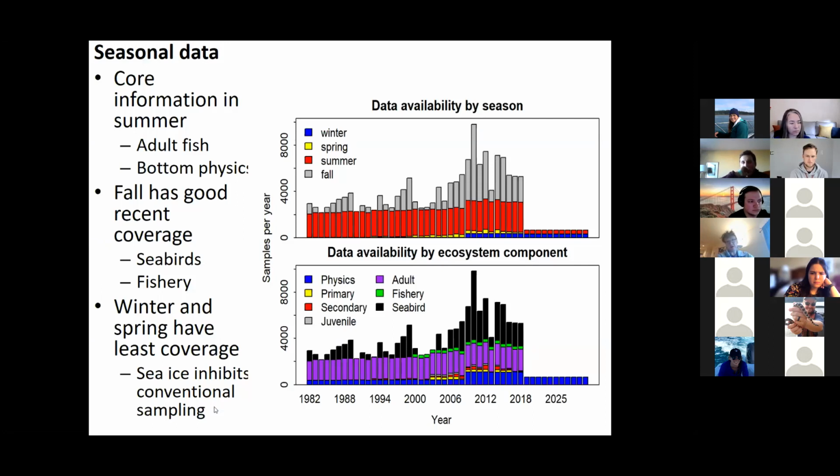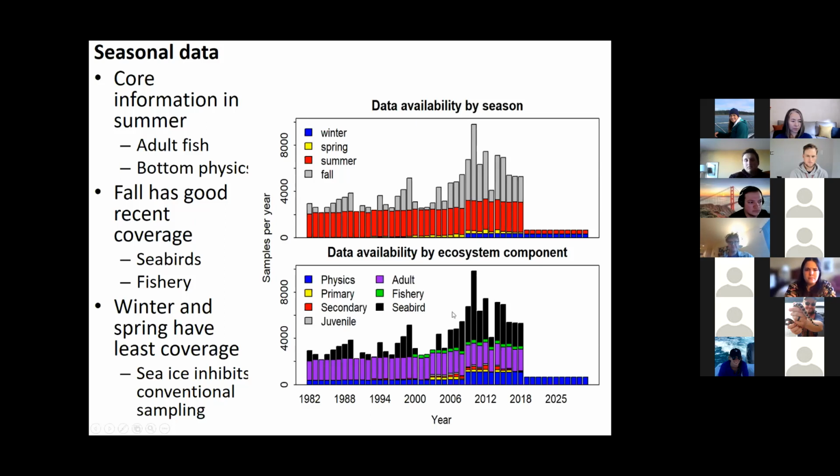And if you look across time, we've got this block of data that we reliably get in the summer. Increasingly, during my predecessor Mike Sigler's time, there was a big push to get ecosystem information in the fall to look at overwinter survival of commercial species.